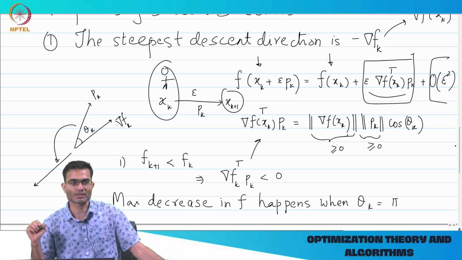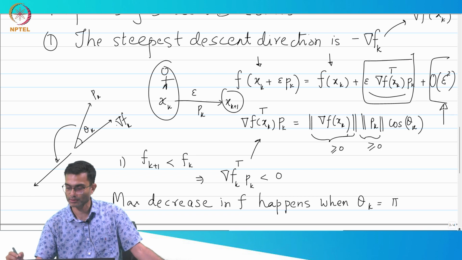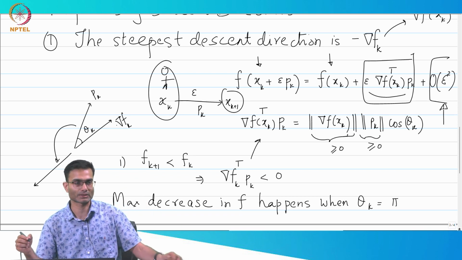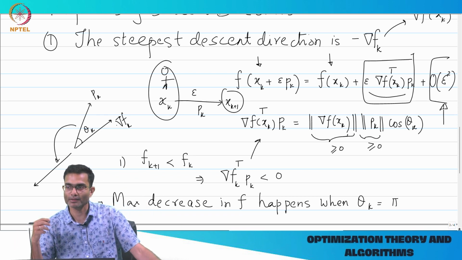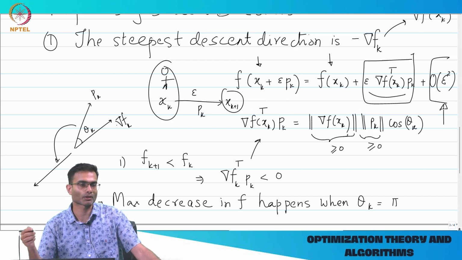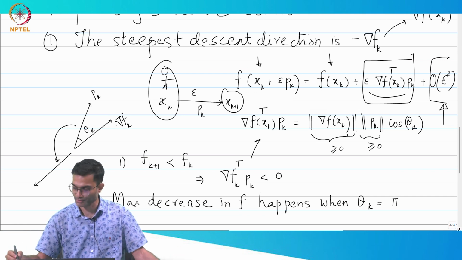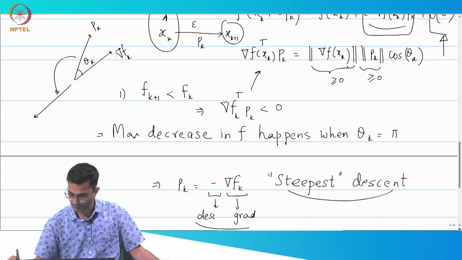If epsilon is small, this is always going to work. Why? Because the error term is epsilon squared, even smaller. But as you get greedier and greedier, you want to make epsilon larger, this approximation may not be valid, right? The error term may dominate your approximation. So keep that in mind.